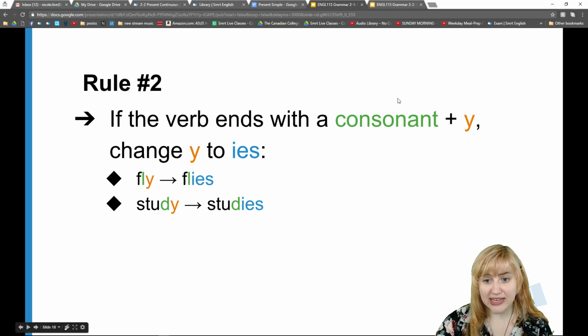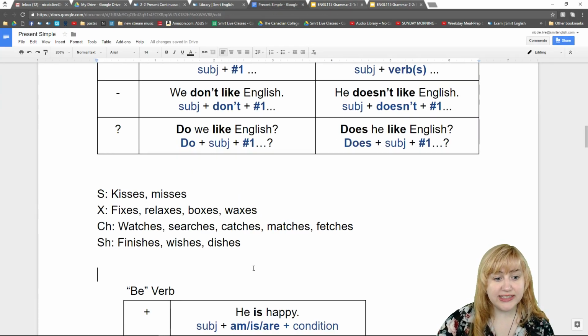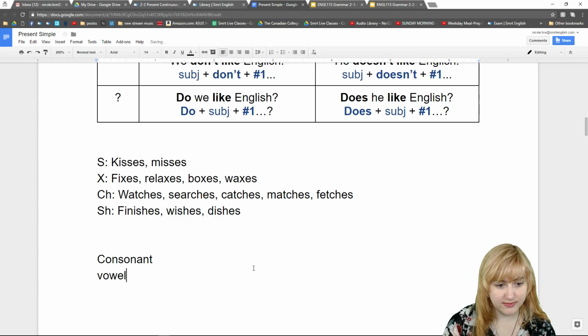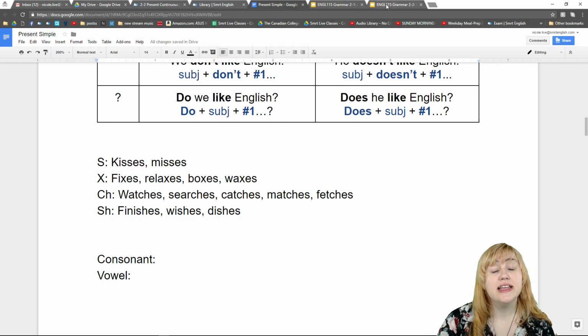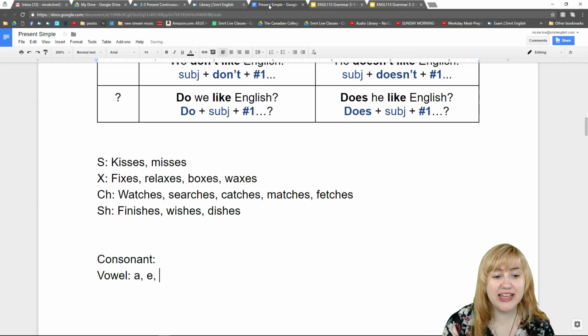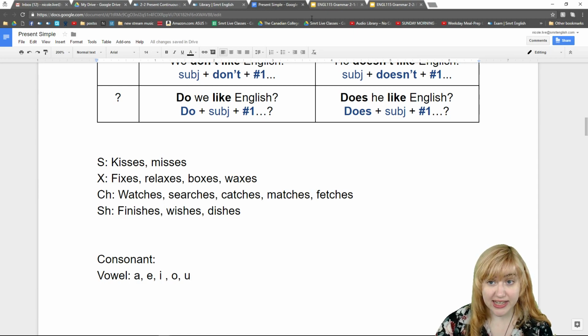So I'll explain consonant. A consonant is the opposite of a vowel. A vowel is like A, E, I, O, or U. These are vowels. So A, E, I, O, U. A consonant is a letter that's not a vowel. So it's all the other letters.